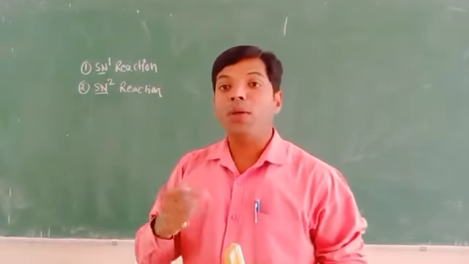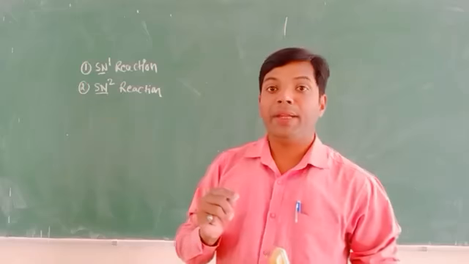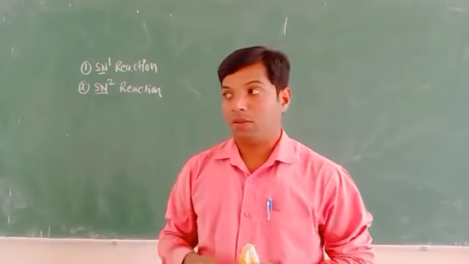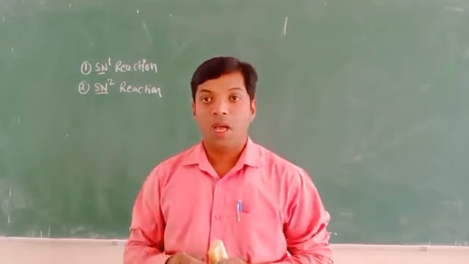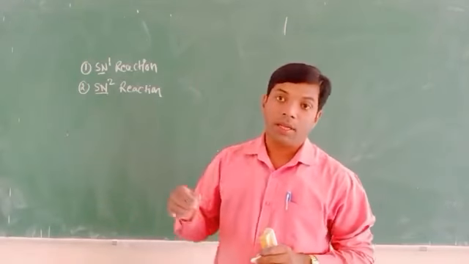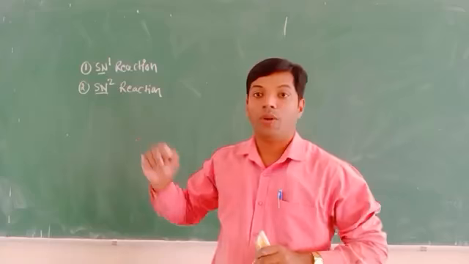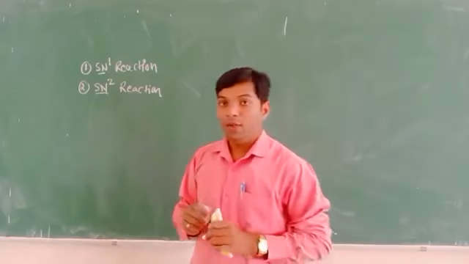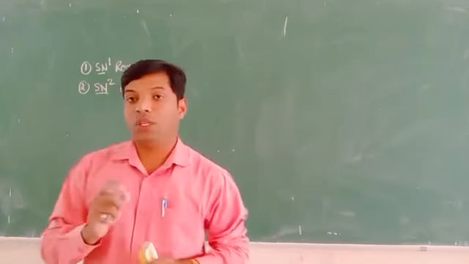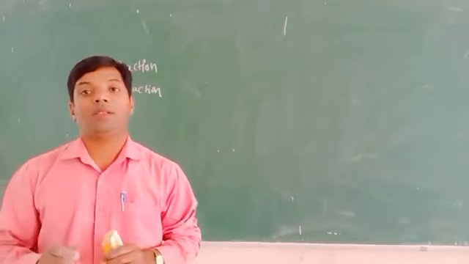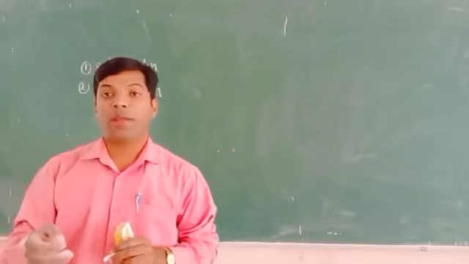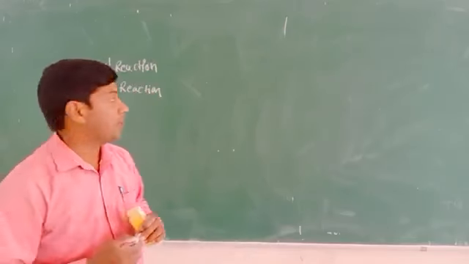So what do 1 and 2 indicate? 1 indicates the order of the reaction for SN1, and 2 indicates the order of the reaction for SN2. First we are going to study what SN1 and SN2 reactions mean, then we are going to study the mechanism.